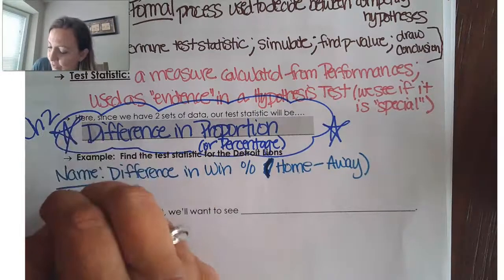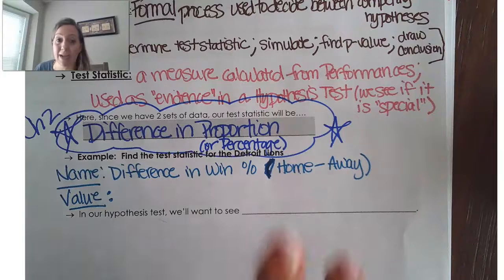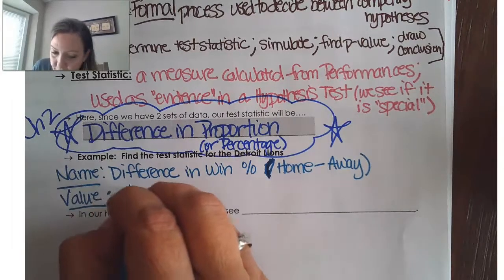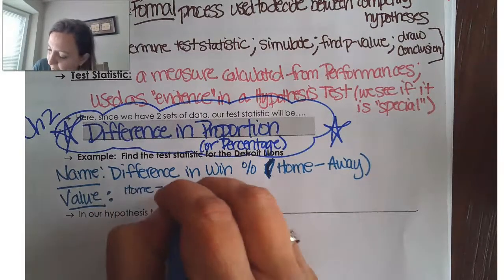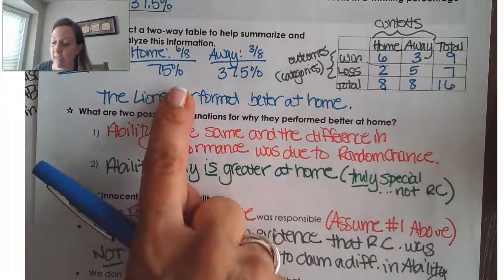And now we're going to look at the value of the test statistic. For the value, we're actually going to take the home percentage minus the away percentage. If we look back, the home percentage was 75% and the away percentage was 37.5%.